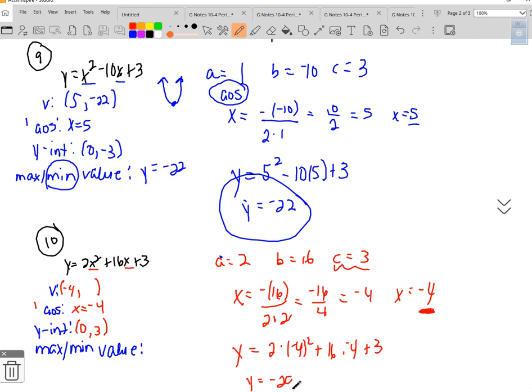You guys can do that on your calculator. Remember, if you're putting it on the calculator, I would do 2 times 4 negative, x squared button, plus 16 times 4 negative button, plus 3, and you'll get y equals negative 29. That is the y-coordinate of our vertex.